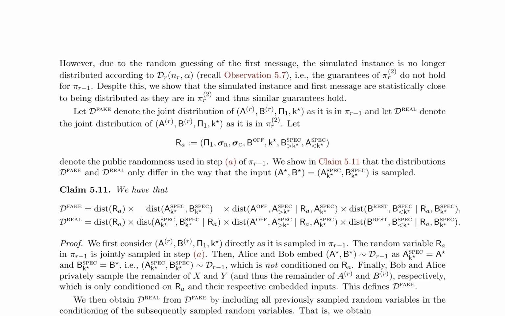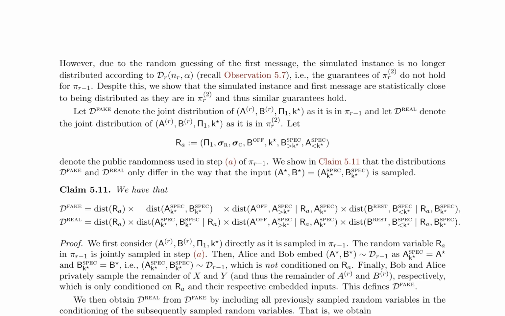Claim 5.11 states that D-fake and D-real differ only in the sampling of the input A star, B star equals A-spec K star, B-spec K star. The proof of claim 5.11 expresses D-fake as the product of the distributions of R-raw, A-spec K star, B-spec K star, A-off, A-spec K star, and B-spec less than or equal to K star, conditioned on R-raw and previously sampled random variables.